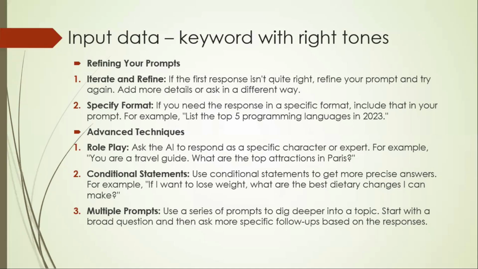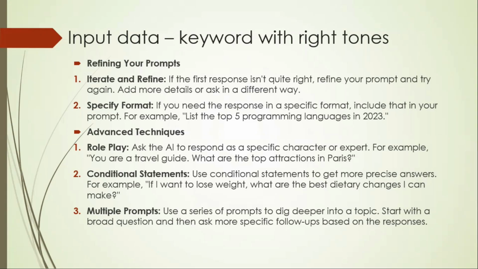All these types of prompting are useful for different segments. Similarly, there are advanced techniques for prompting, like role play, conditional statements, multiple prompts. These advanced prompting techniques are also useful to identify the specific task and get the specific task updated and done by the system.